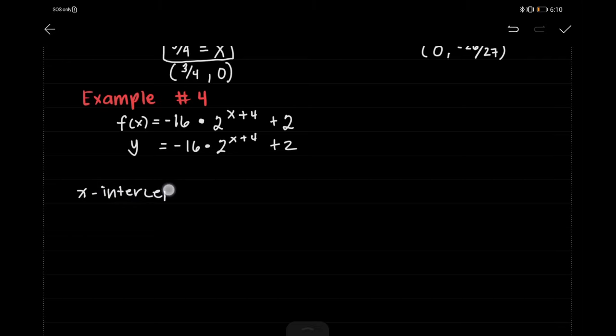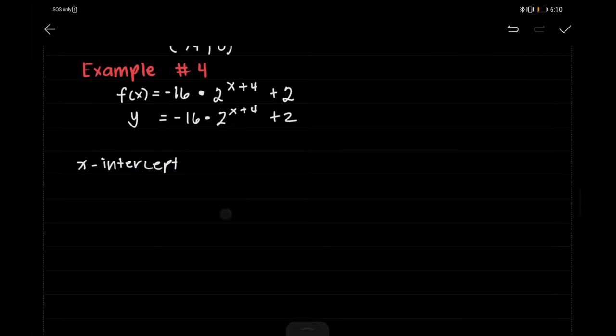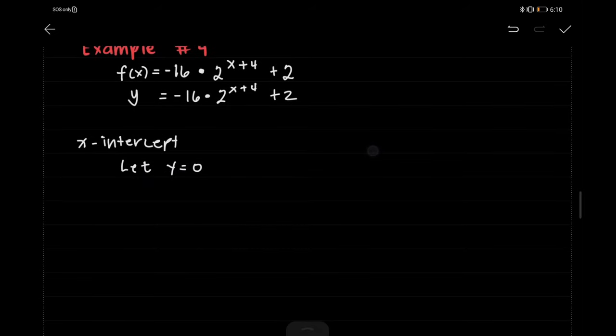To solve for the x-intercept, we have to let the value of our y, which is equal to 0. So magkakaroon tayo dito, itong y, palitan natin ng 0. So 0 is equal to negative 16 times 2 raised to x plus 4, then plus 2.